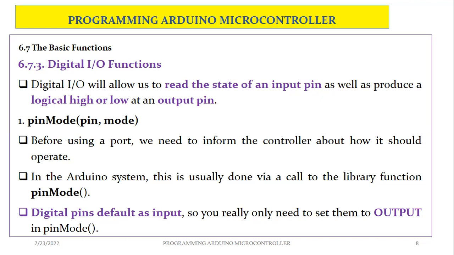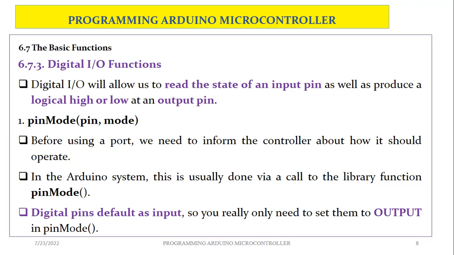But of course, the digital pins operate both as input and output pins, depending on how they've been configured. And therefore, we can use the digital input-output functions to read the state of an input pin, that is whether digital or analog. Two, we also use the digital input-output functions to generate a logical high or low output for the case of output pin.